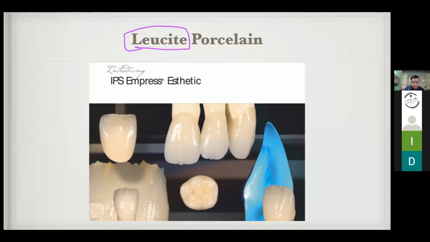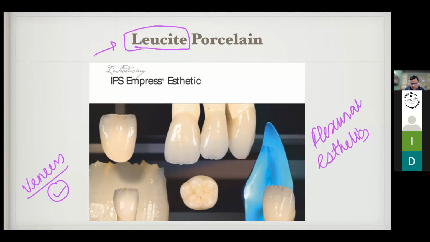And that's why you have lucite porcelain, which has high strength, higher than feldspathic, and this can be used for veneers. The advantage with lucite is the overall flexural strength and the overall aesthetics are as good as enamel. If you can see the picture there, that's the veneer bonded. But if you see the overall outlook, it looks like the tooth itself.